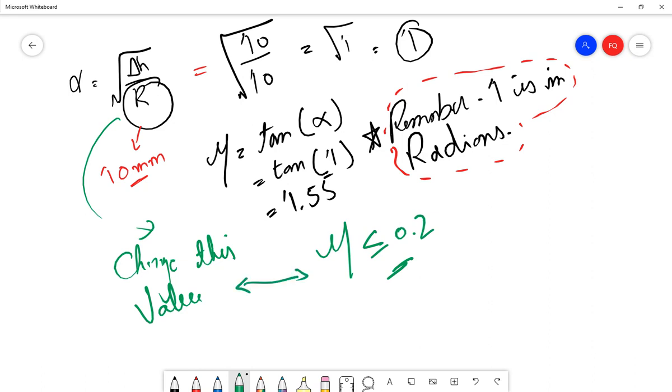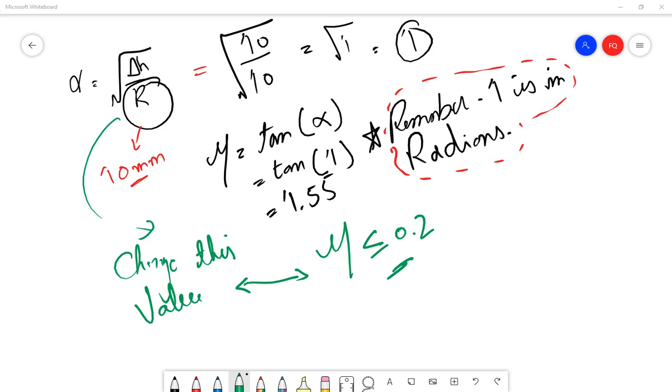That is the goal, and that is something which we want to play with. So can someone do this calculation and provide their results?